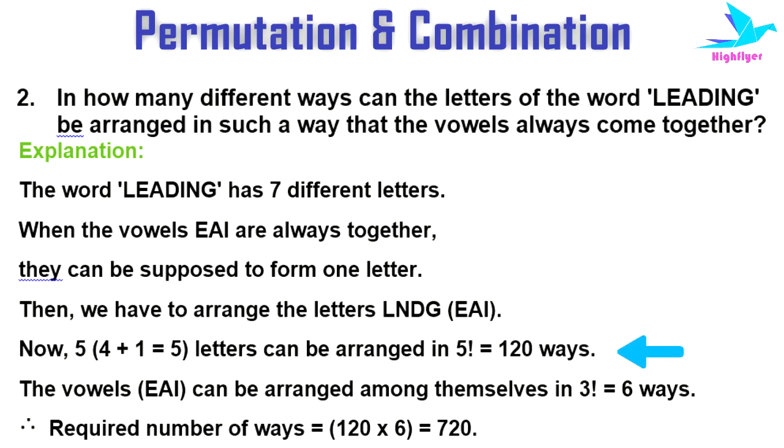So here we have 4 plus 1 equal to 5 letters, which can be arranged in 5 factorial ways, that is equal to 120 ways. Then further the vowels E, A and I can be arranged among themselves in 3 factorial, that is equal to 6 ways. So the required number of ways are 120 into 6, that is equal to 720 ways.